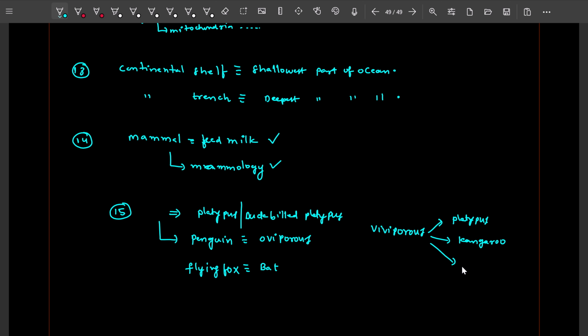And the next one, bat, is also viviparous. Viviparous means it gives birth to young ones.